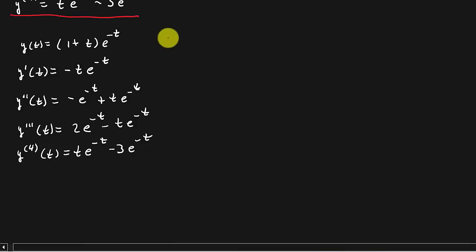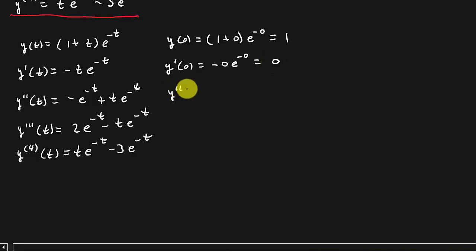So I've got y of 0 is equal to 1 plus 0 e to the negative 0, which is 1. Then y prime of 0 is negative 0 e to the negative 0, which is 0. Y double prime of 0 is negative e to the negative 0 plus 0 e to the negative 0, so that's negative 1.